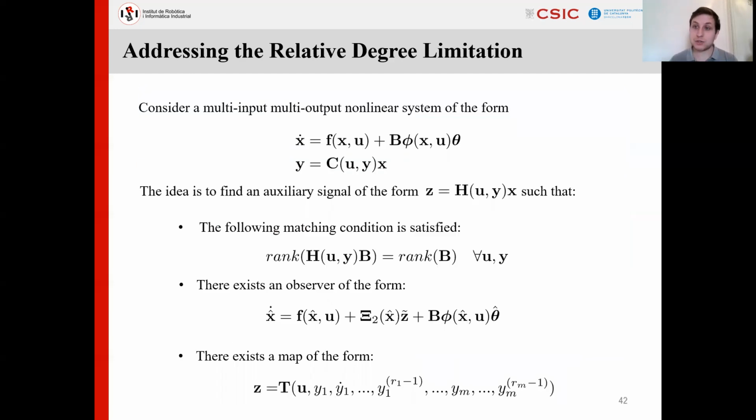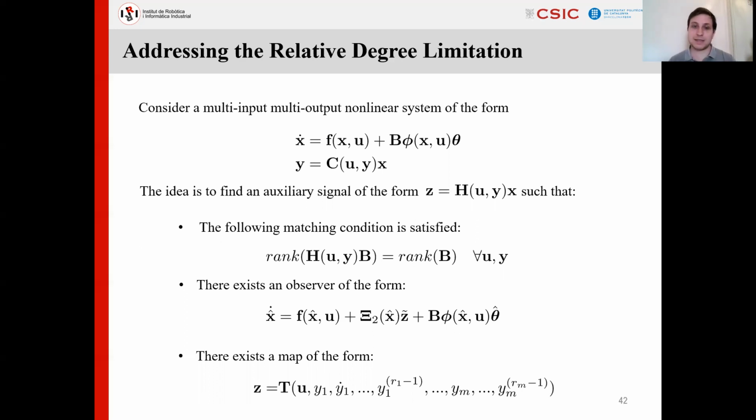So if we assume that the nonlinear system is described by this set of equations in this slide, and we parameterize the auxiliary signal as depicted in this slide, then we say that the auxiliary signal is adequate if it satisfies three conditions. First, that it satisfies a particular matching condition. This means that the auxiliary signal is relative degree 1 with respect to the parameters.